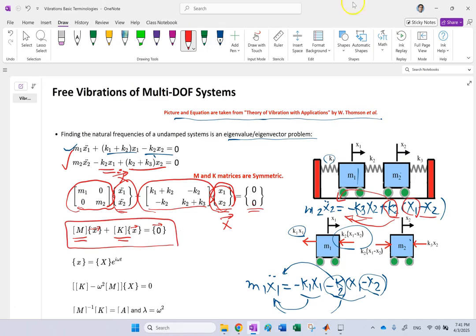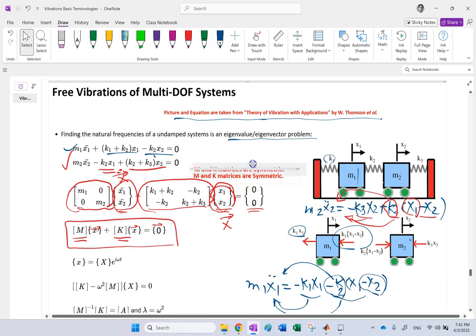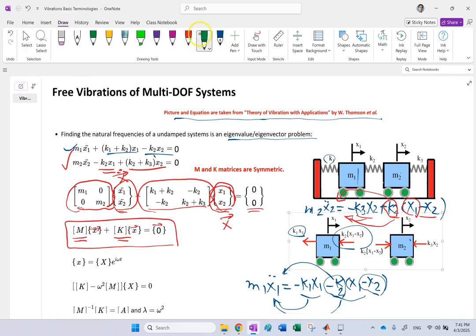Now, one thing I want you to pay attention to is that the mass matrix and the stiffness matrix are both symmetric. Pay attention to this part. This is an important property of M and K matrices. Look at that. They are symmetric matrices. The off diagonals are the same, or the transpose of them is the same as themselves.